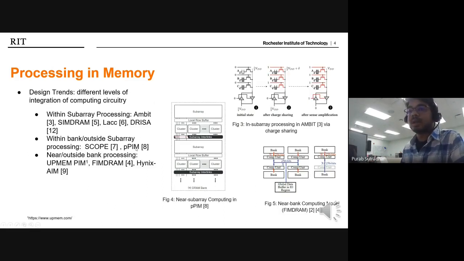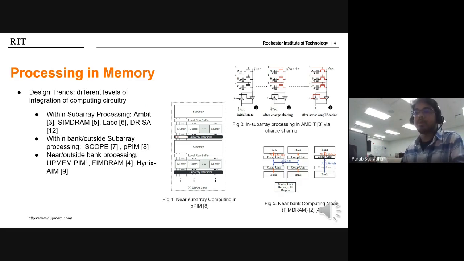So let's first have a look at the different ways that we have for implementing processing in memory. A memory chip consists of multiple memory banks, and inside the banks there are multiple 2D memory grids called subarrays, and inside subarrays there are bit lines and word lines that are connected to each cell.